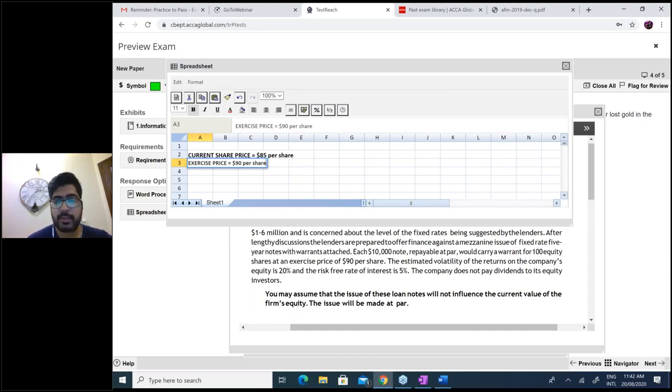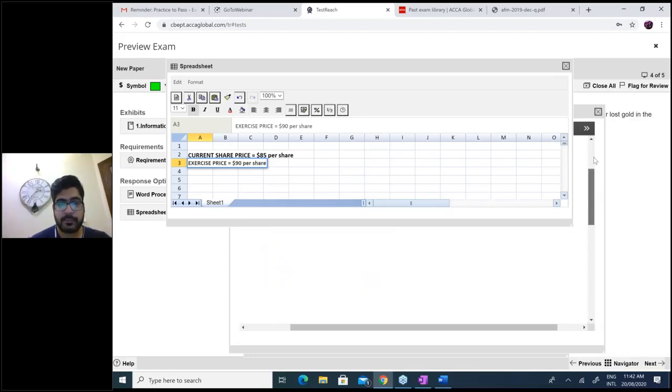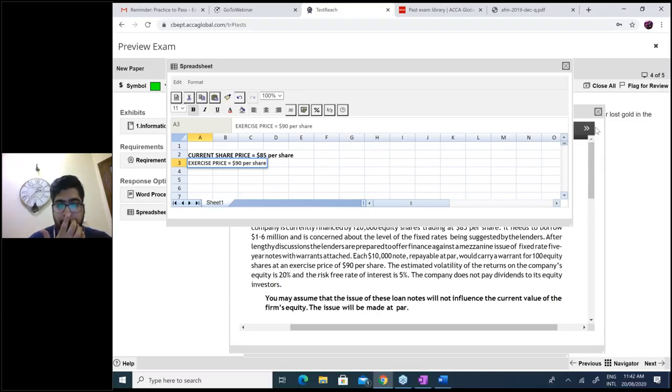The company does not pay dividends to its equity investors. You may assume that the issue of these loan notes will not influence the current value of the firm's equity.